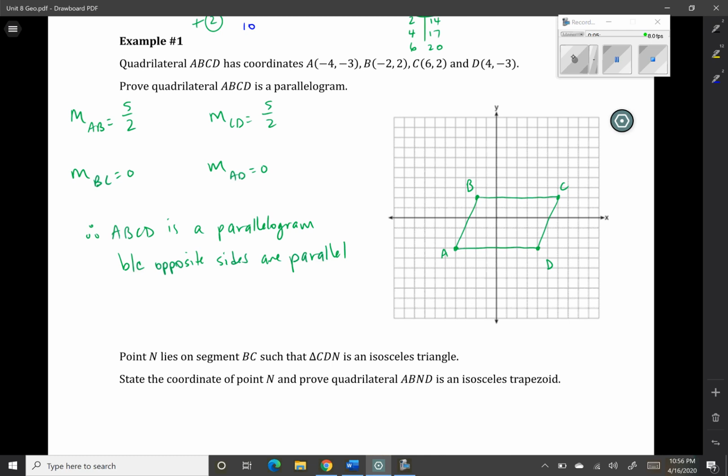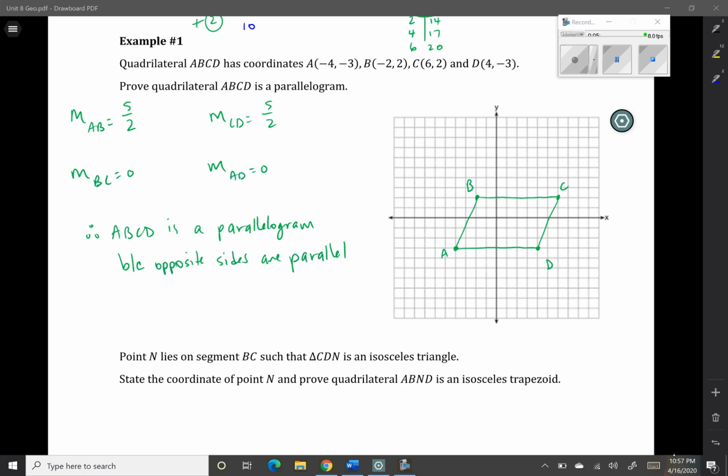So point N is somewhere on segment BC. Point N can be any of these coordinates, but I want to make it so that the triangle CDN is isosceles. So to make CDN isosceles, I have to make it so that segment CN has the same exact length as CD. Well, to do that, I want to make sure it has the same slope.